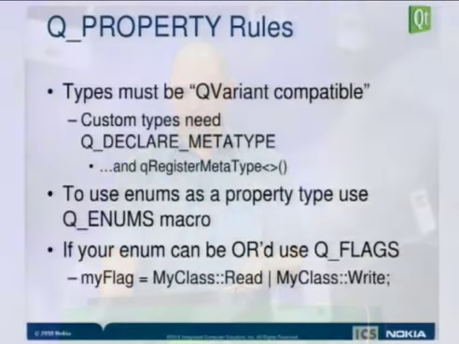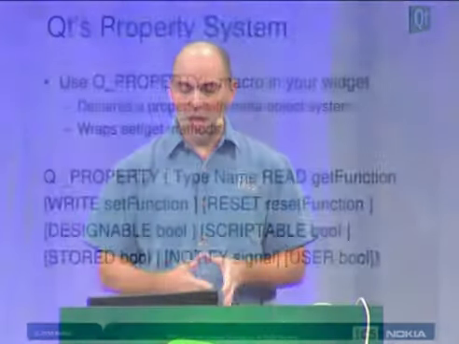So I mentioned you can use your own types as properties, so that in your property declaration, you can have, say, my class instead of any of the C++ primitives. And you can do this by making a class that is QVariant compatible.